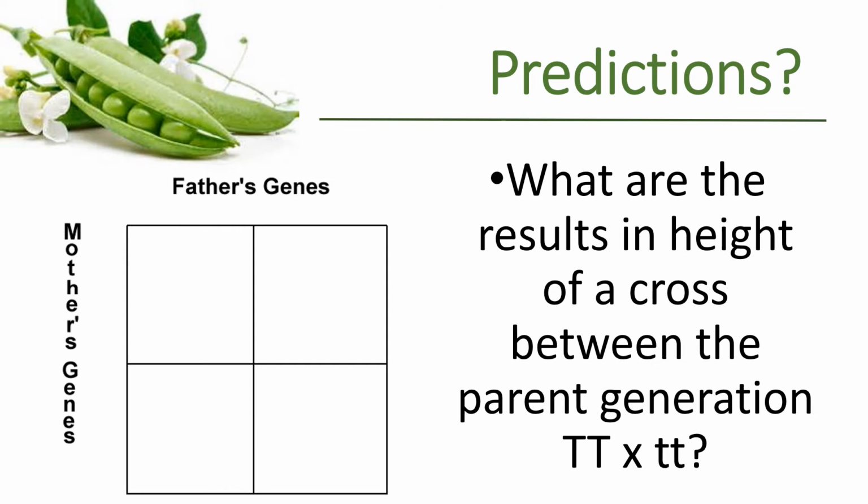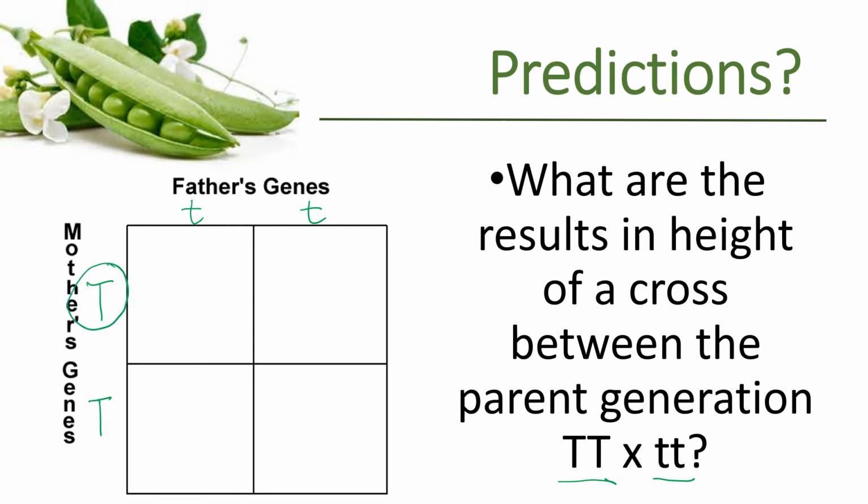So let's do an example here. Let's say one parent has capital T, they're homozygous dominant, and the other is homozygous recessive, little t. So I'm going to say that the mother's genes are homozygous dominant and the father's are homozygous recessive. How would I do this cross?